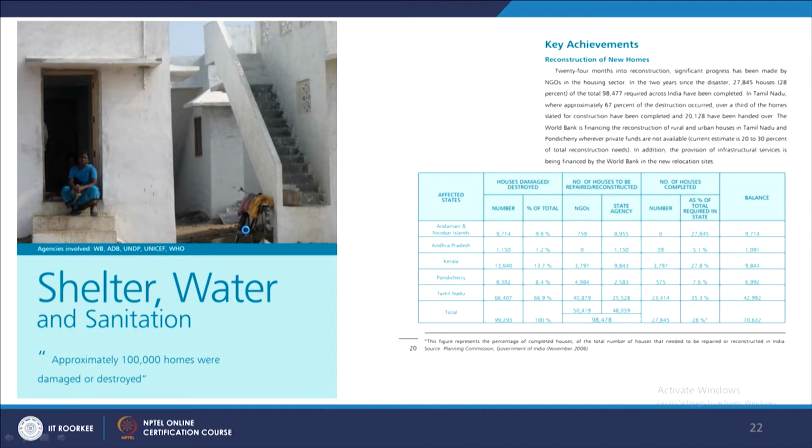Now when we talk about shelter, water and sanitation, different segments look at it. For many of the states, they look at the number of houses damaged, the percentage reconstructed and completed, what the balance is, and why they are delayed.